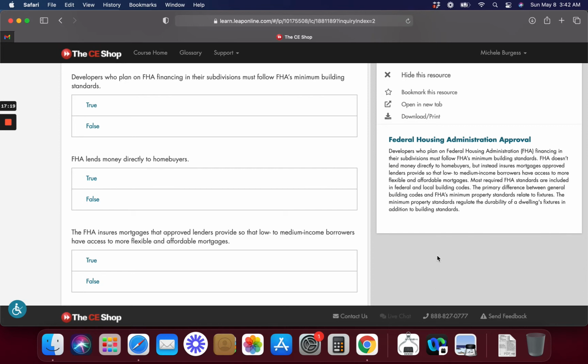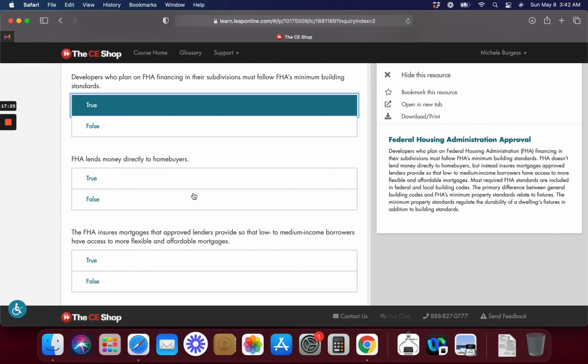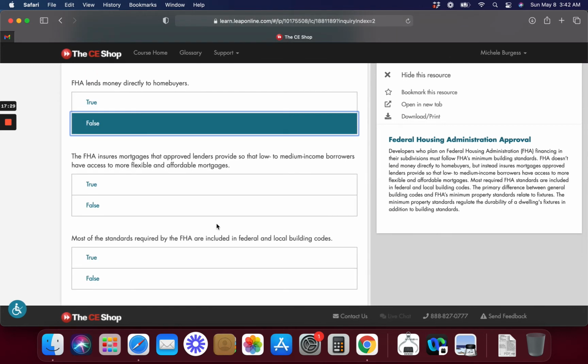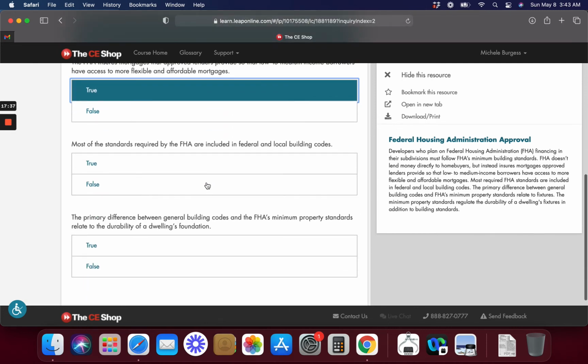All right, let's see. Developers who plan FHA in their subdivisions, yes. FHA lends money directly to home buyers. No, they lend them the mortgages. The FHA insures mortgages that approved lenders provide low to medium income borrowers have flexible and affordable mortgages. Most of the standards required by FHA are included in federal building codes.